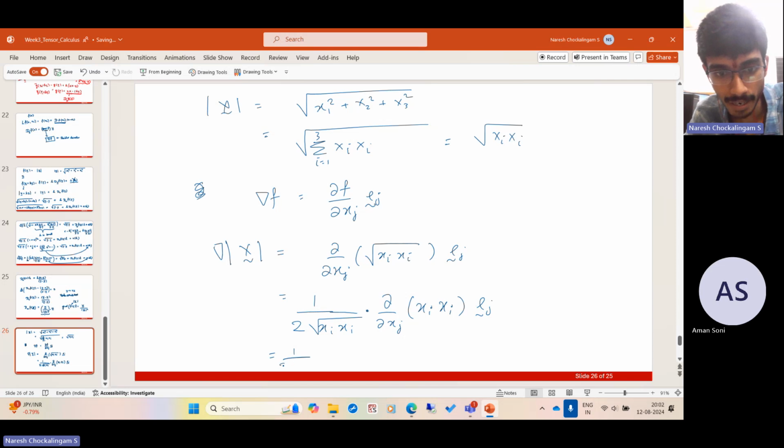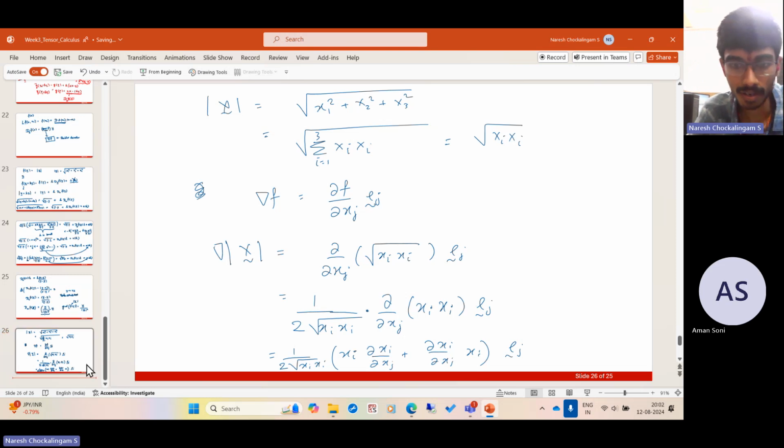So we get 1 by 2 square root of xi xi. Keep the first one constant: you get xi dou xi by dou xj. And next you keep the second one constant: dou xi by dou xj xi, ej. Okay, there is something wrong, right?